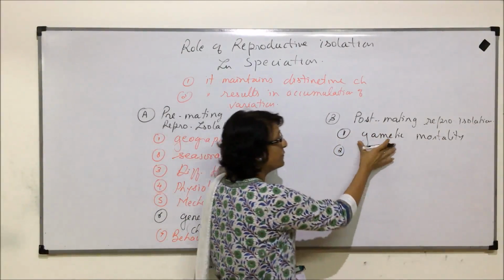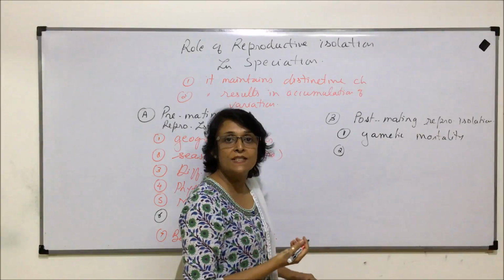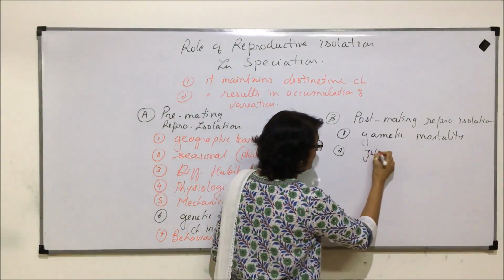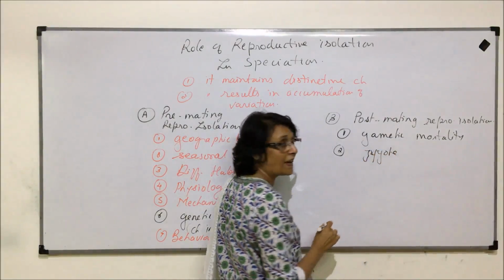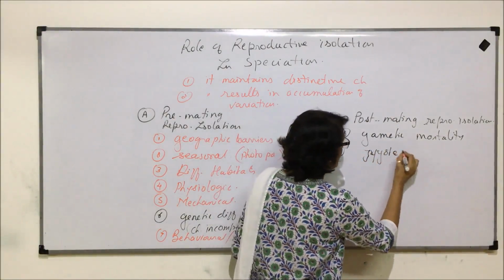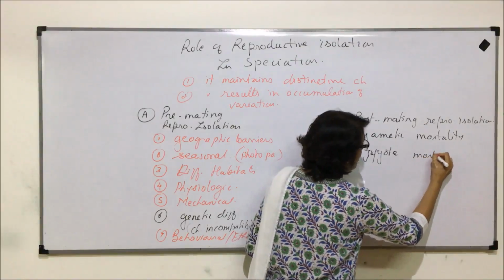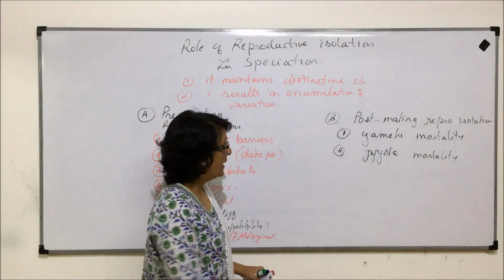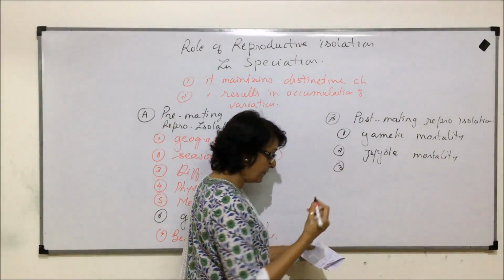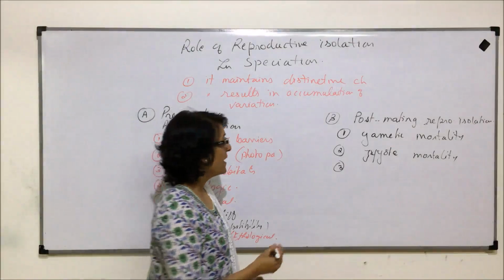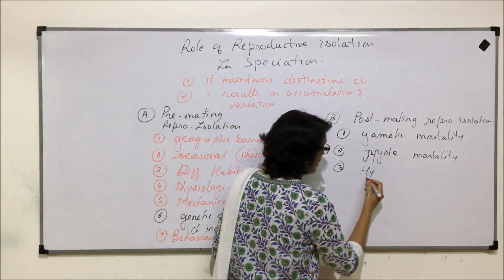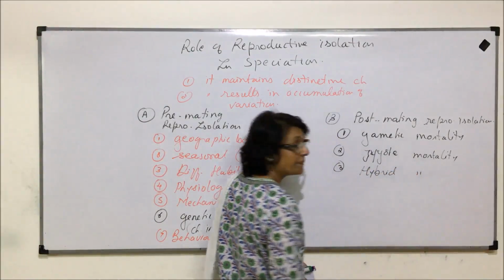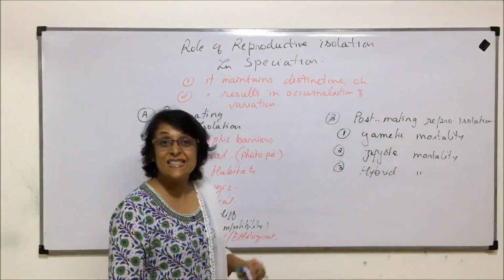Then suppose the gametes fused and the zygote is formed, but the zygote doesn't survive. That would be called zygote mortality. And in case the zygote survives, then the organism which is formed could show hybrid mortality or hybrid sterility.